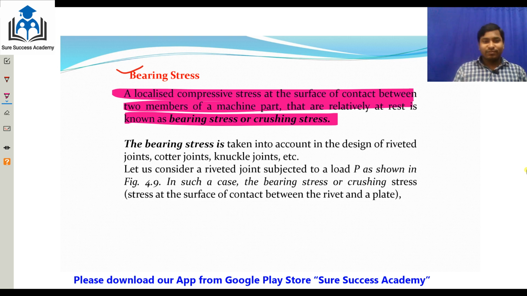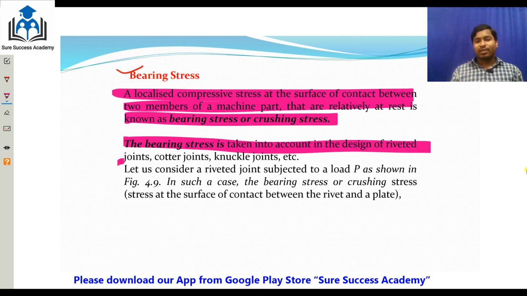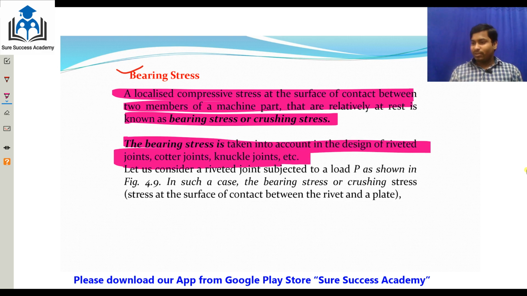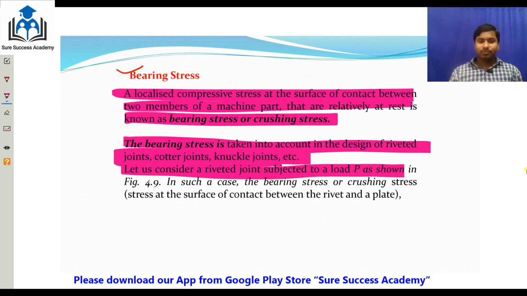In this type of joint we consider the bearing stresses of the rivet. I'll show you how it is acting. Consider a rivet joint, where P is the applied load. In such a case, the bearing stress or crushing stress will be the stress at the surface of contact between the rivet and plates.